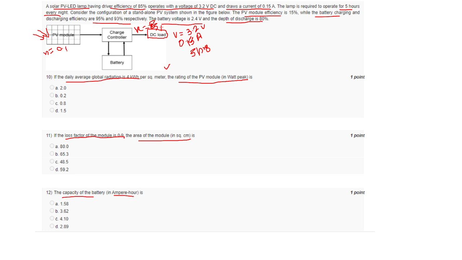The battery charging efficiency is 95%, which is 0.95, and the discharging efficiency is given as 93%.